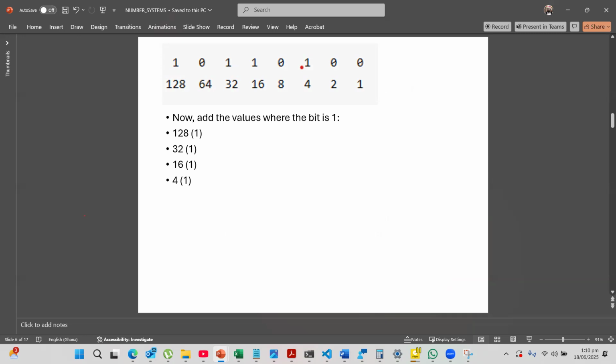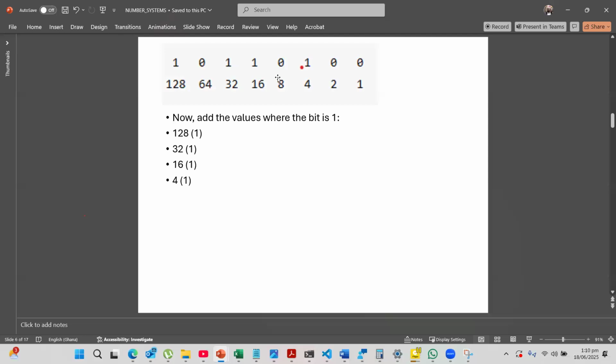Let's see if I can put it this way. 2 raised to the power 0 would be 2 itself. Then 2 raised to the power 1 would be 4. 2 raised to the power 2 would give you 8. 2 raised to the power 3 would give you 16. 2 raised to the power 4 would give you 32.